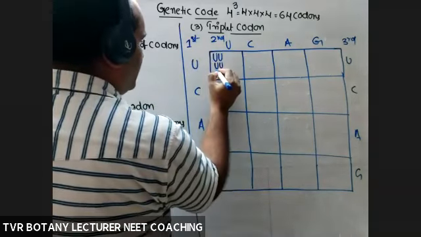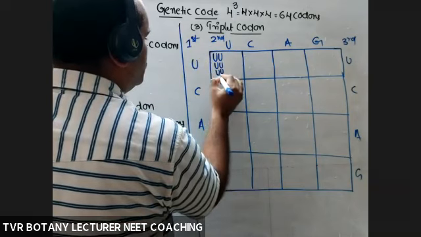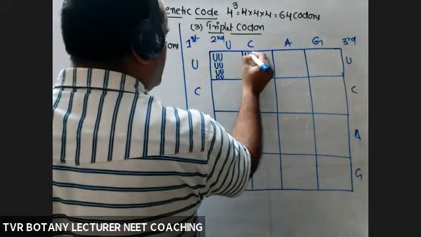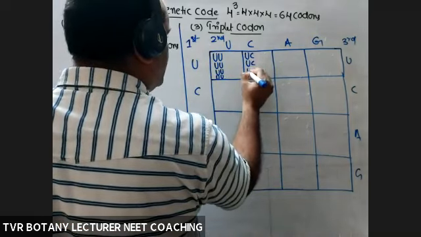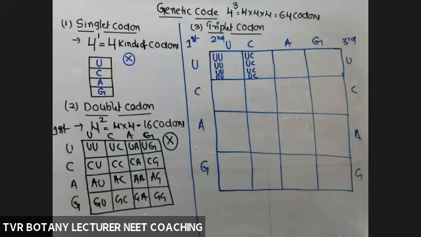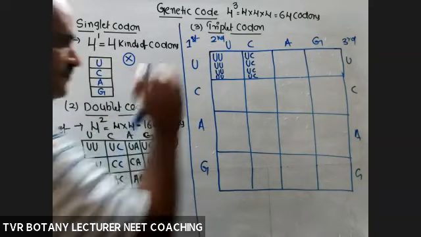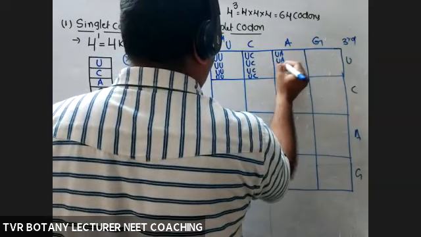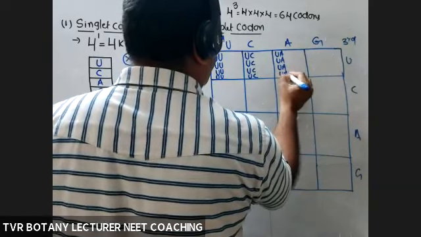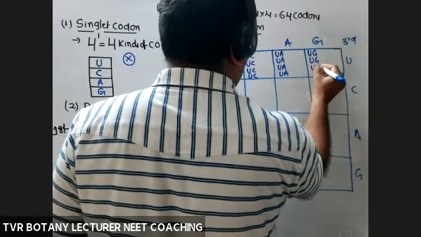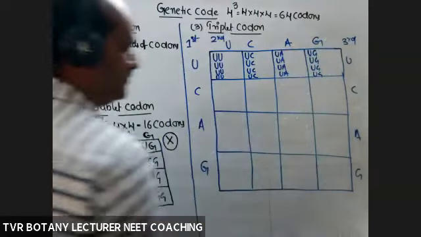If you prepare like that, you'll get U, U only. And in this case, UC, UC, UC. One kind or not? Only one kind. Same I'm preparing. Next, U, A, U, A. Next, U, G, U, G. Up to here I'm using.